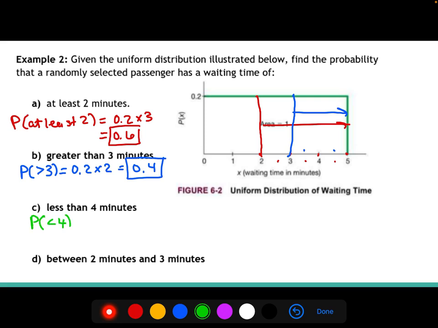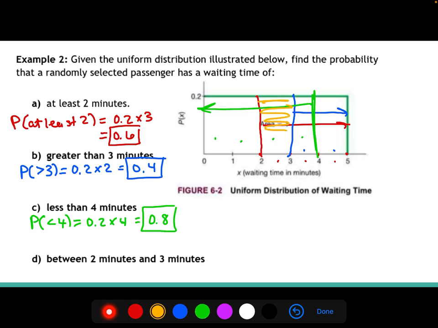Our next one, less than 4 minutes. Here's 4, and less than is this way. That's 4 rectangles. So 0.2 times 4 is 0.8. So there's an 80% probability you're going to be waiting less than 4 minutes.